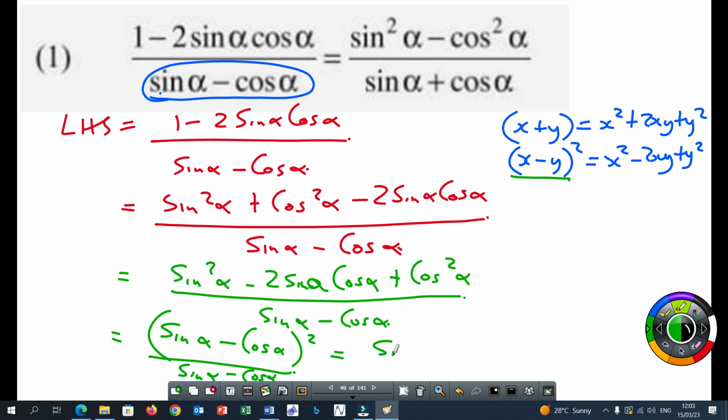This will give me sine alpha minus cos alpha. Do you see that?